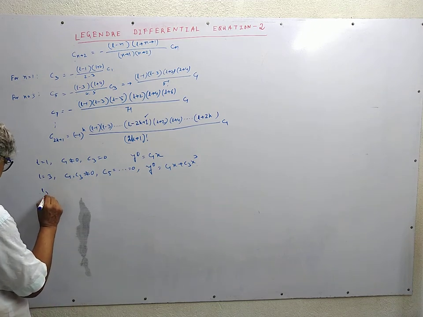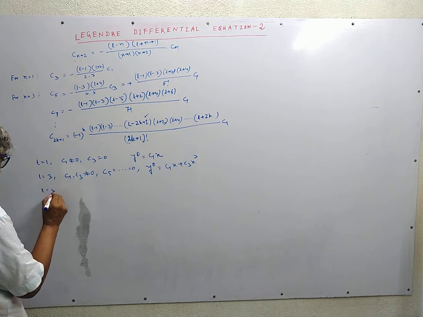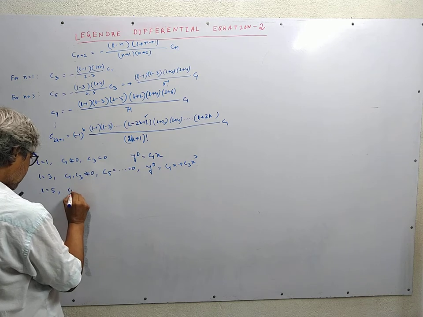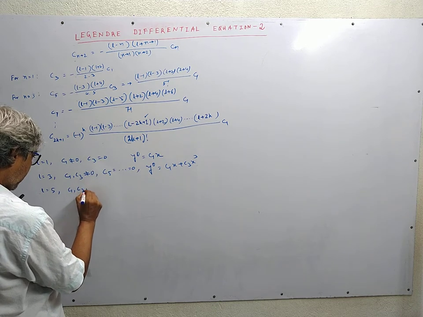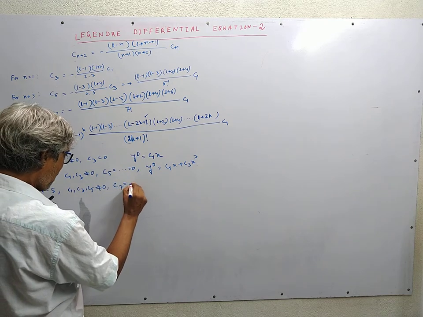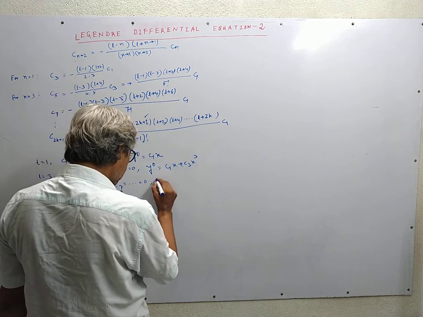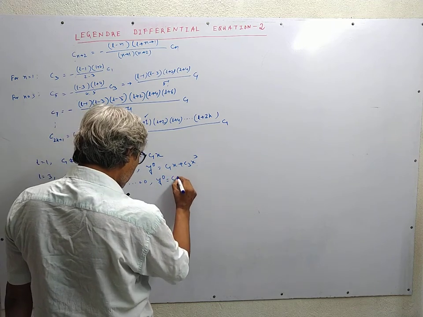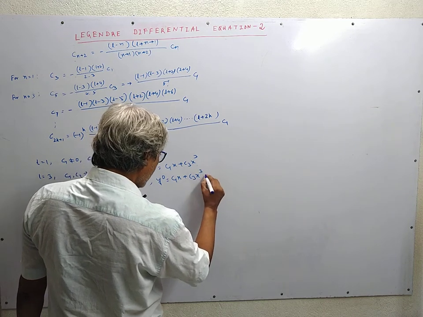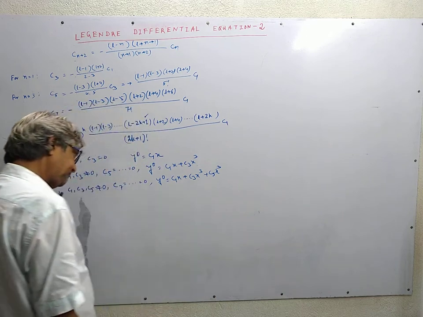Then in this fashion, if L is equal to 5, C1, C3, C5 are not equal to 0, C7 onwards are 0, so the series y odd is C1x, C3x cube, C5x to the power 5.